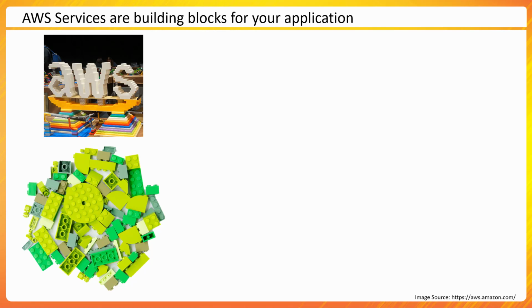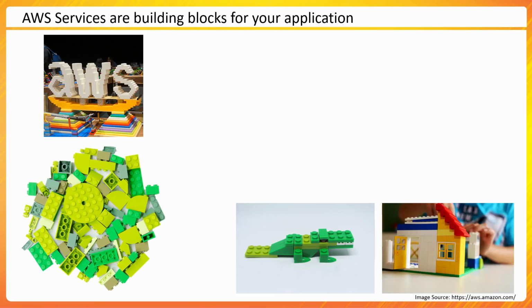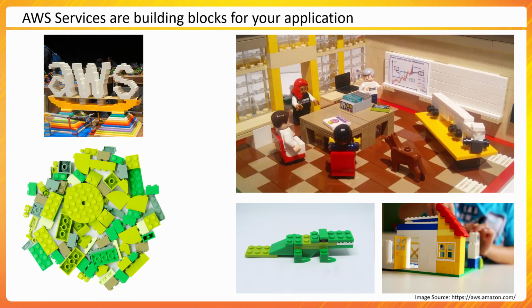So these Lego blocks give you a way to create whatever you want. If you want to build a small crocodile like this, you could, or a model of a house, you could, depending on whether you have the right types of blocks. Or maybe there are Lego blocks available to create a full-blown meeting room setup like here. So that is all possible.